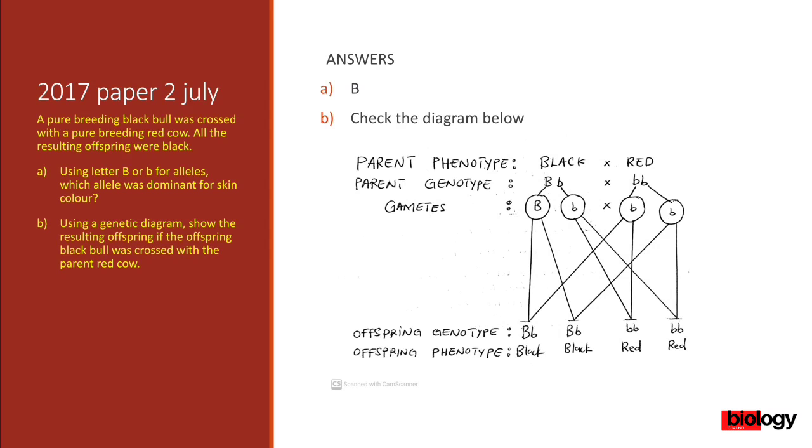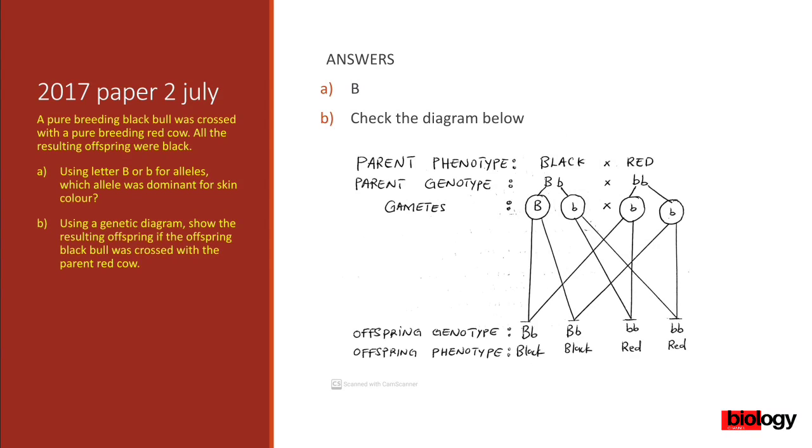And then parent genotype, the one we discovered, capital letter B, small letter b, crossing with small letter b, which is for the parent red cow. And then you just bring them down as gametes. After that, you cross them. When you cross them, we've got the results. We've got the offspring genotype there, as you can see. And then we've got the offspring phenotypes.